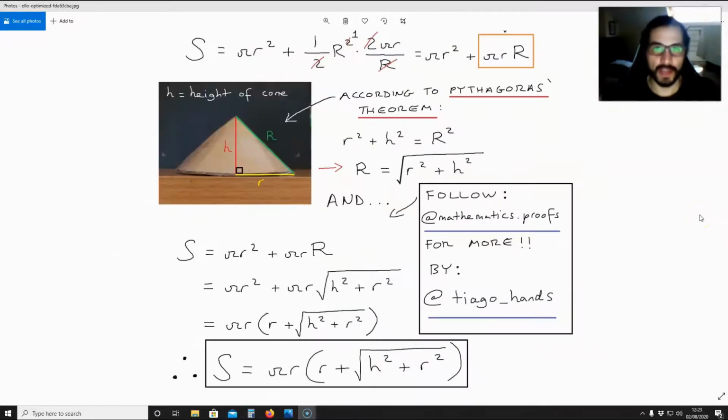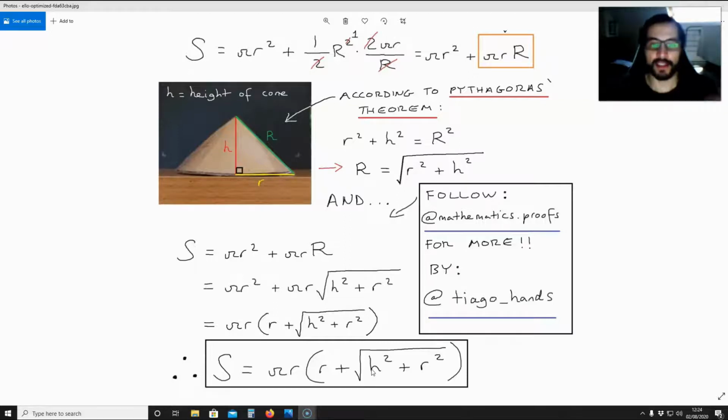I'm going to give you a little spoiler here. The surface area of a right circular cone is going to have this equation over here. This is the formula for it. And it's made up of the small r's plus h, which is the height of the cone. What we want is a formula in terms of small r and h.